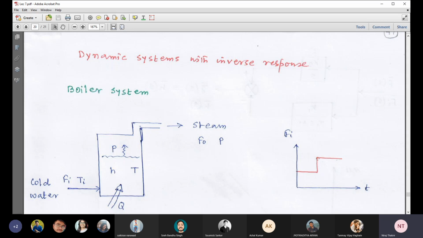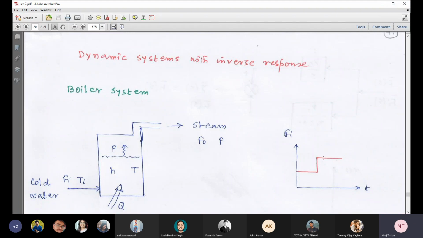Now, what will happen in terms of height? Can anyone give the answer? Initially, the process or boiler is at steady state condition. So that is indicated through this horizontal line, which is also true for Fi. Then at a particular time instant, we are increasing this Fi.